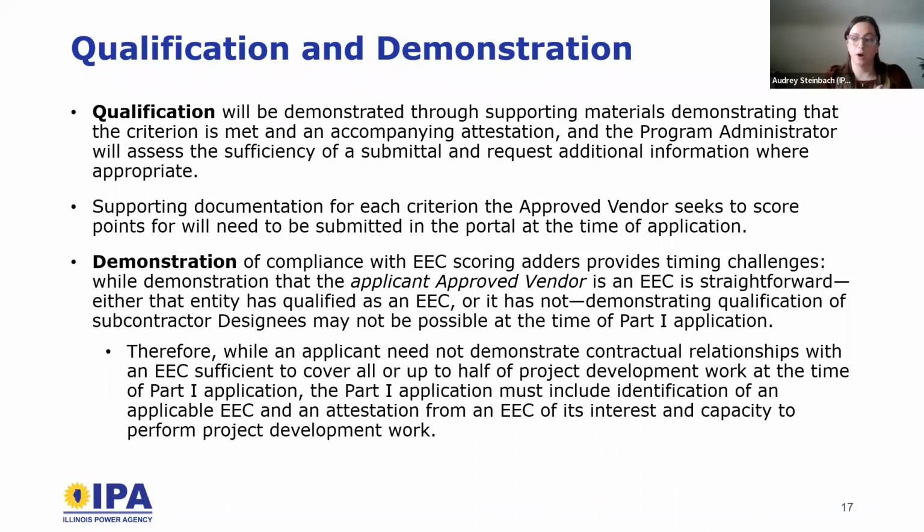If a commitment is made at Part 1, we are looking for documentation and confirmation of those commitments being met at Part 2. And if what's being done at Part 1 is not the commitment, it is actually, this site is owned by a nonprofit entity, then that will need to be proved at Part 1. So there is a slight nuance between some commitments that are being made at Part 1 versus firm items that are being sought after for points at Part 1.